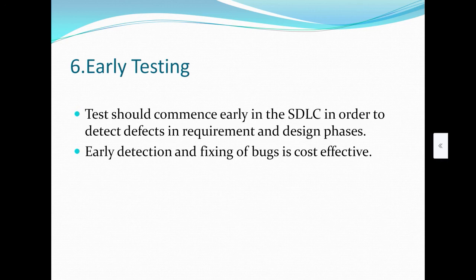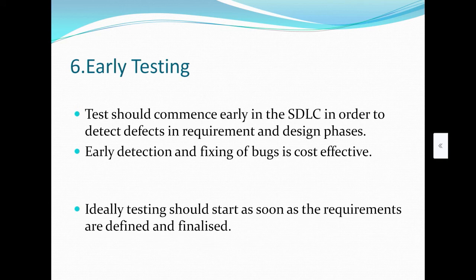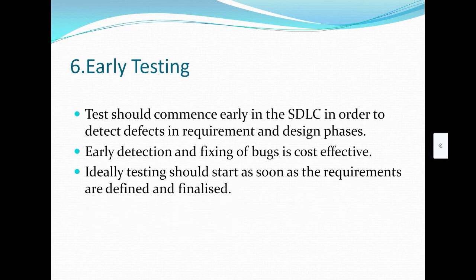It becomes costly to fix a bug in the UAT phase. Which is why ideally testing should start as soon as the requirements are defined and finalized, right? So this is what the early testing principle says.